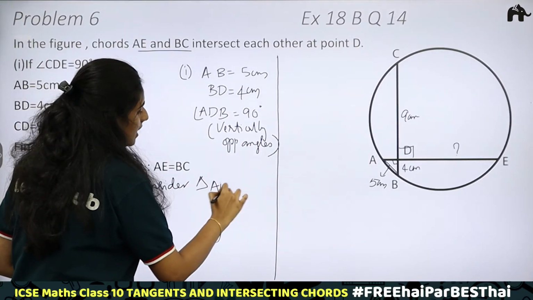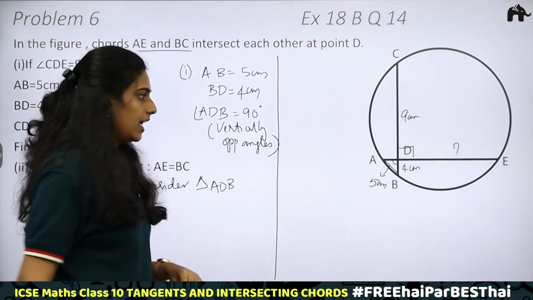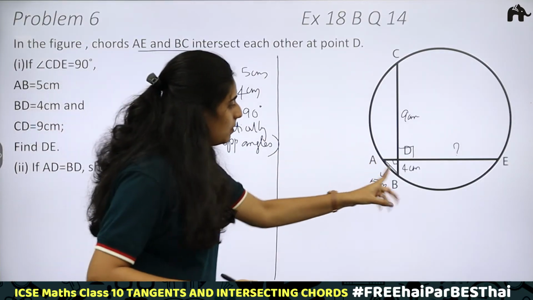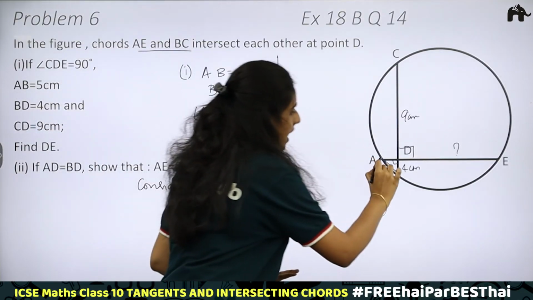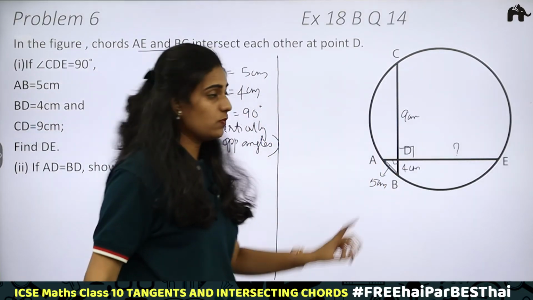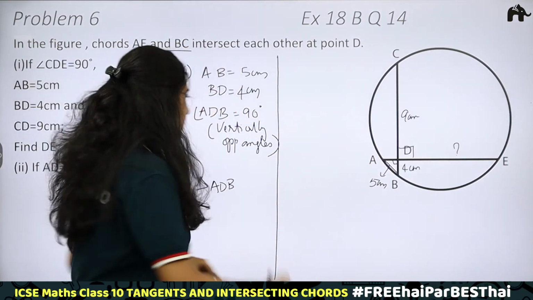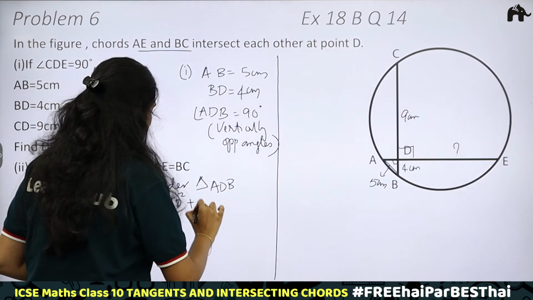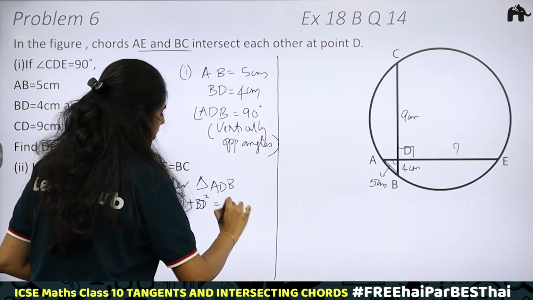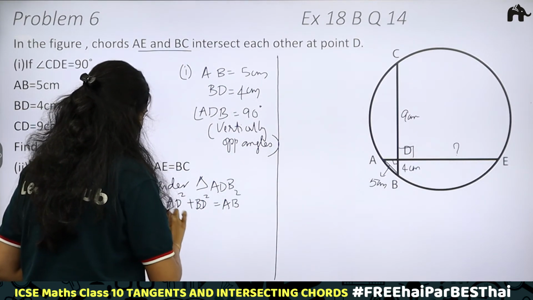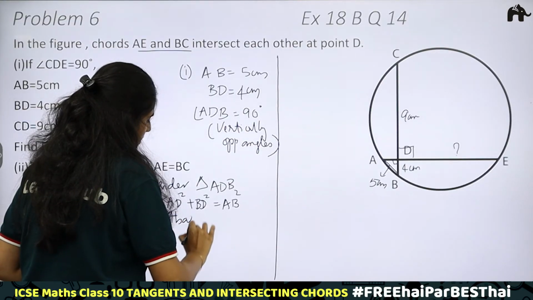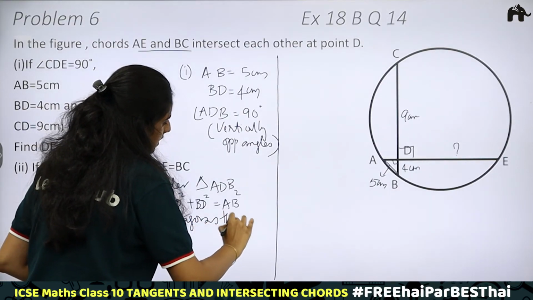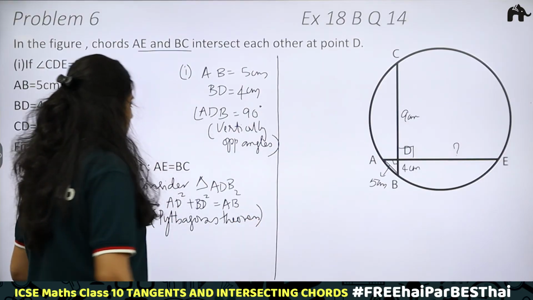Now consider triangle ADB. In triangle ADB, here AB is the hypotenuse and let's take AD as the base. We have to find this base length AD. We have AD square plus BD square is equal to AB square. That is, we are applying the Pythagoras theorem here. Now put the values.